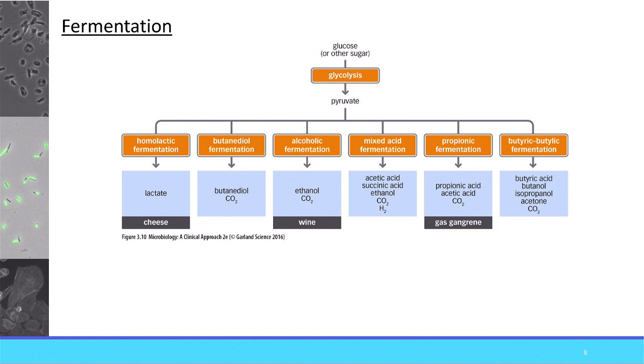The key point, and the reason that I'm showing you this image, is that many kinds of fermentation exist. You can actually have an entire course just on fermentation, and at Hanover, if you're interested, the chemistry department does have an entire course just on fermentation.